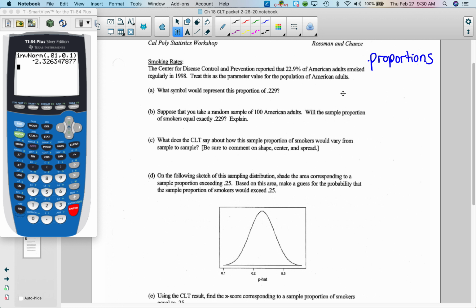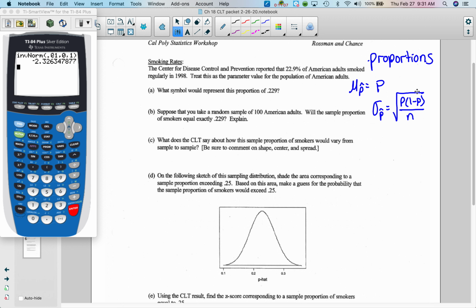So remember for this one, our mean of the p hats was p, and our standard deviation of p hats was the square root of p times 1 minus p over n. Okay, so this is what we're working with.